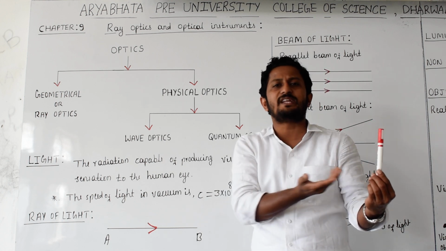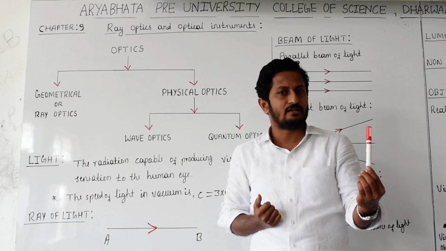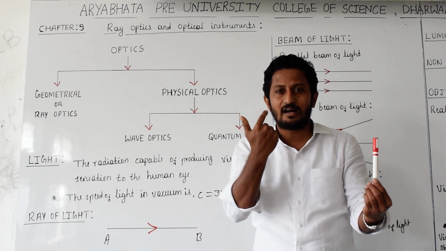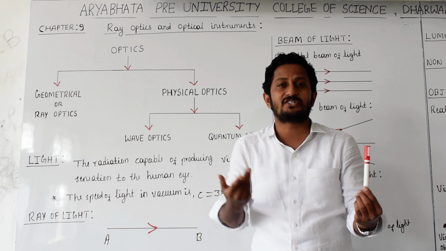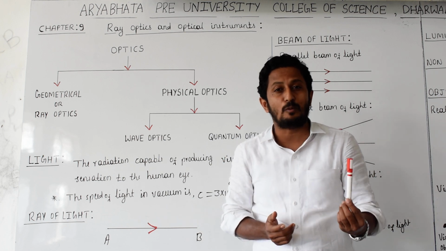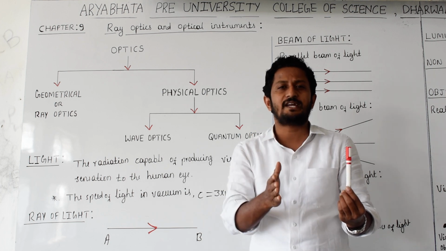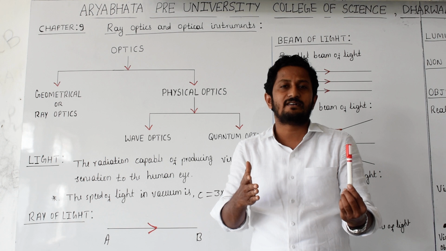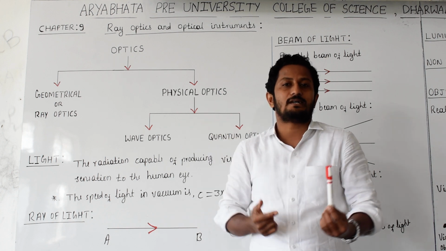That's why there is no re-emission of light rays from that object. So there is no entry of light rays to your eye lens, and there will not be any sensation of the presence of the object. Have you understood what I mean? In the absence of sunlight, we are unable to see the objects around us.